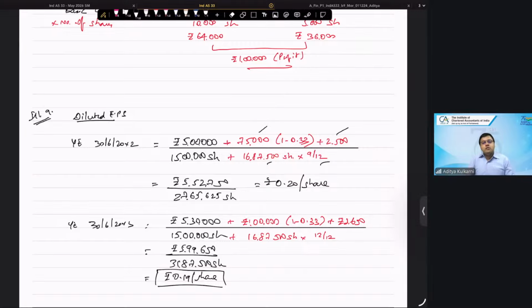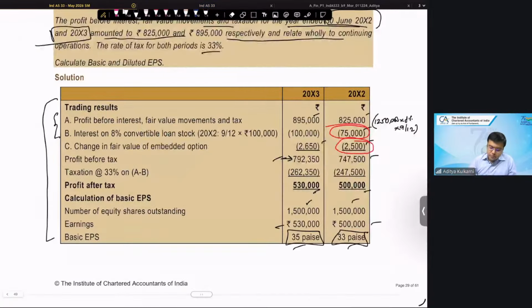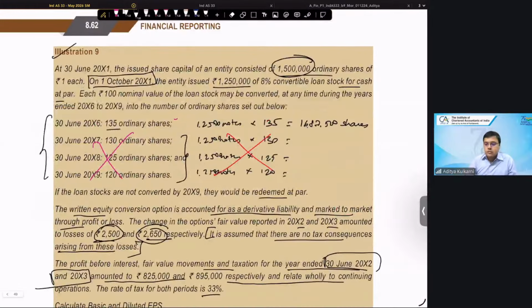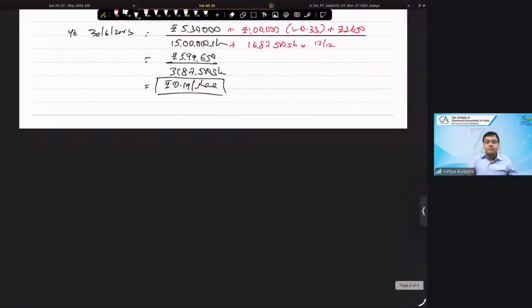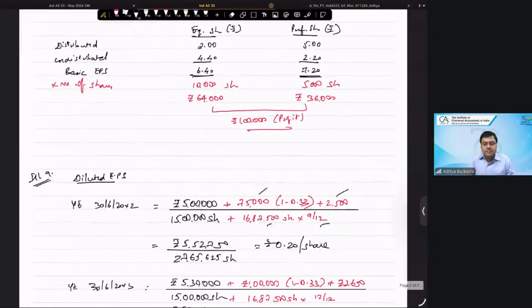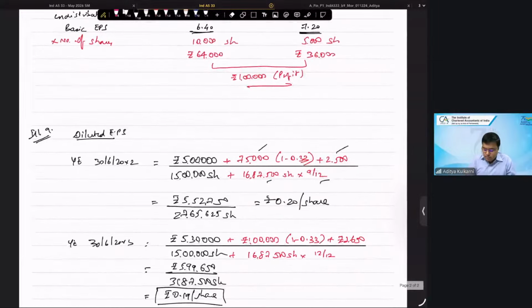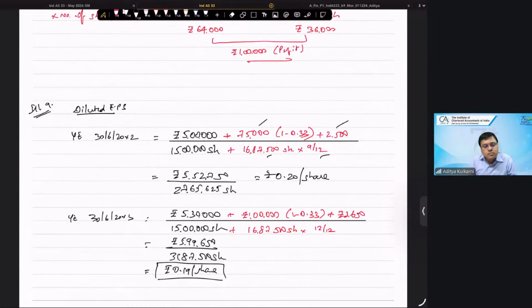Any doubts? Shailender, Karthik, Saminathan? No, sir. All clear? Okay. Sir, one last doubt. Nowadays papers are checked by people other than chartered accountants also.